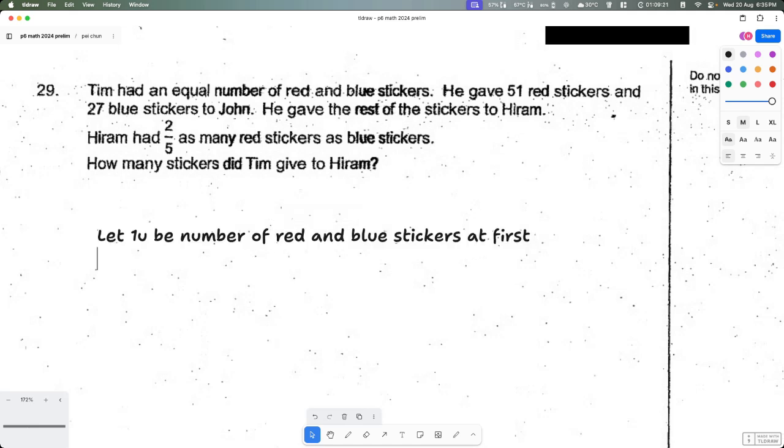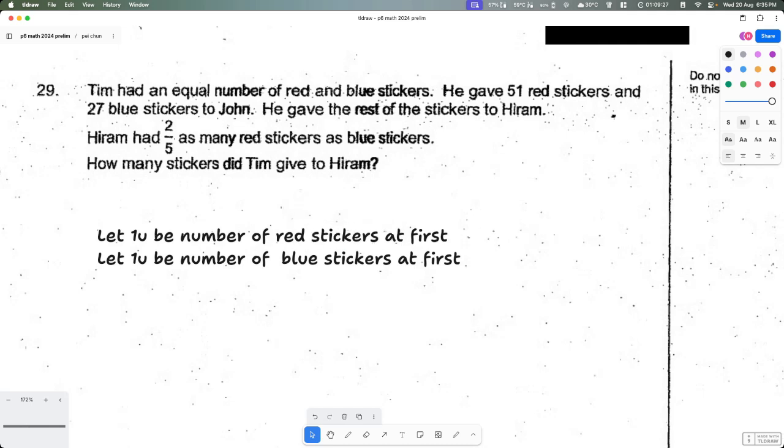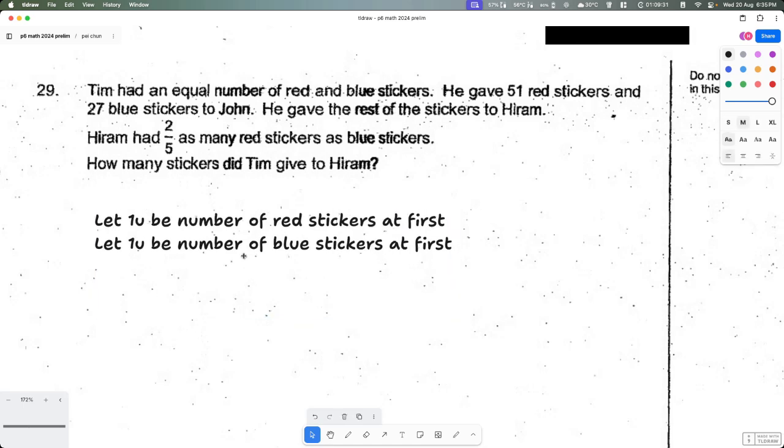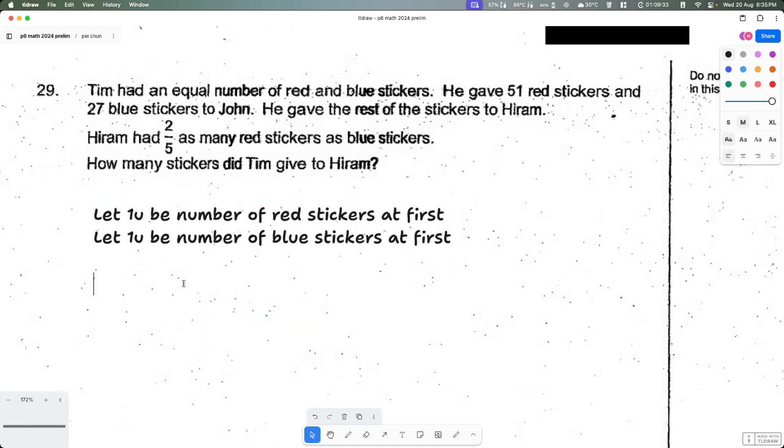So I'm going to copy this for blue stickers at first. So I just want to make it very obvious. Okay, so he gave away 51 red stickers to John. He gave the rest to Hiram. So Hiram gets 1 unit minus 51. So this is Hiram's red, and then the next one is blue.